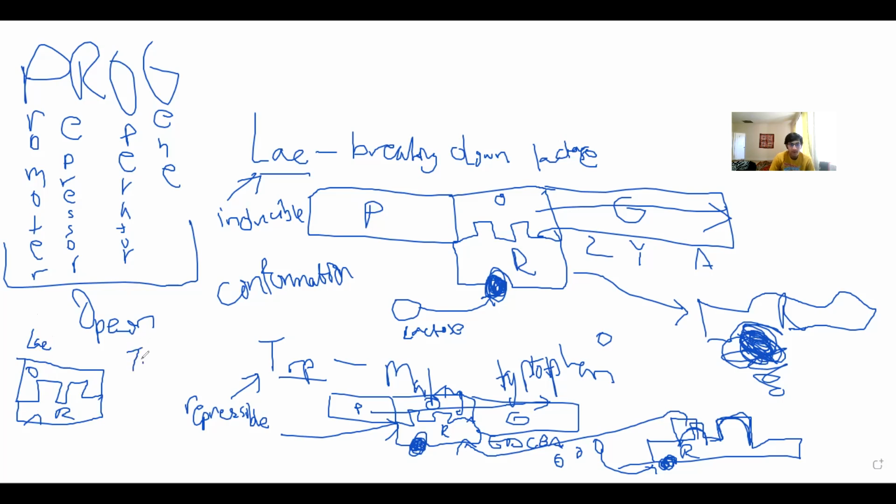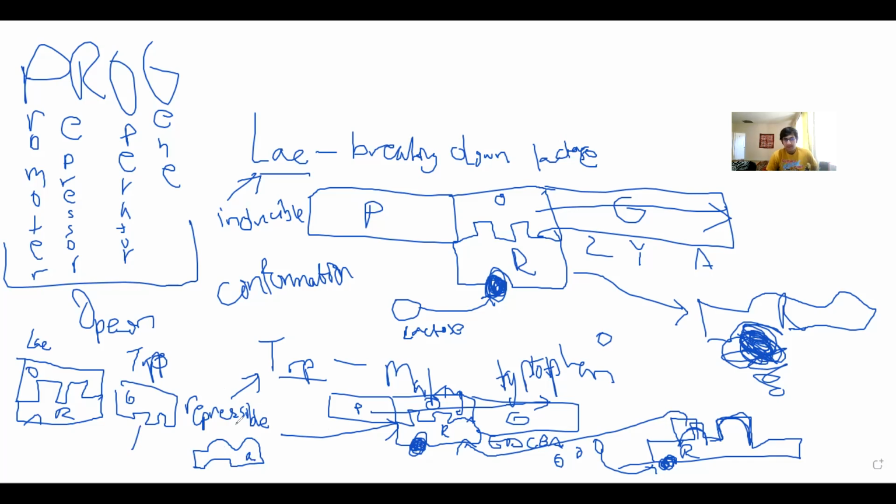In the trp operon, its natural state is when there is no tryptophan bound to the repressor, and the repressor is alone. So the operator and the repressor are separate. Once tryptophan binds to the repressor in the trp operon, it can change conformation. They're kind of opposites of each other.